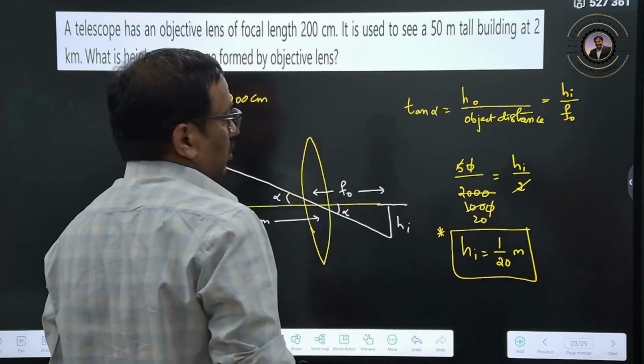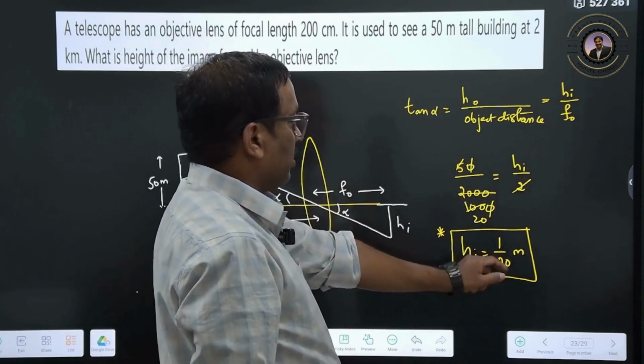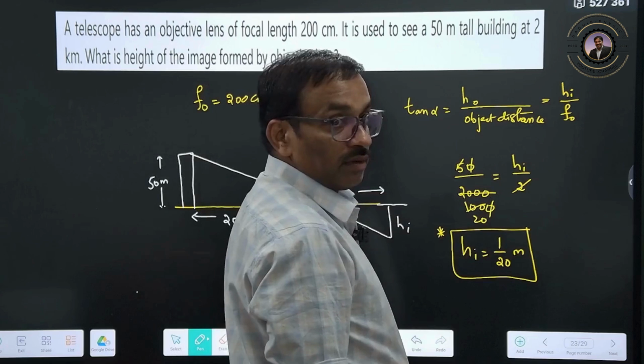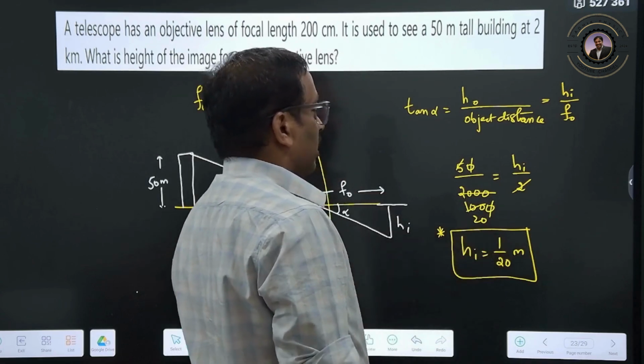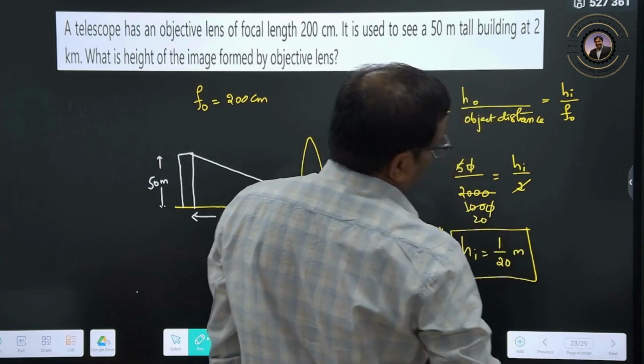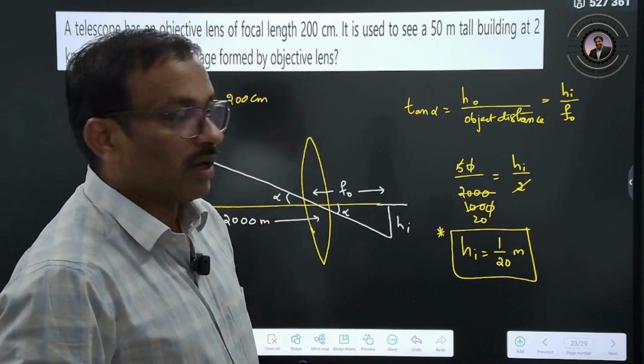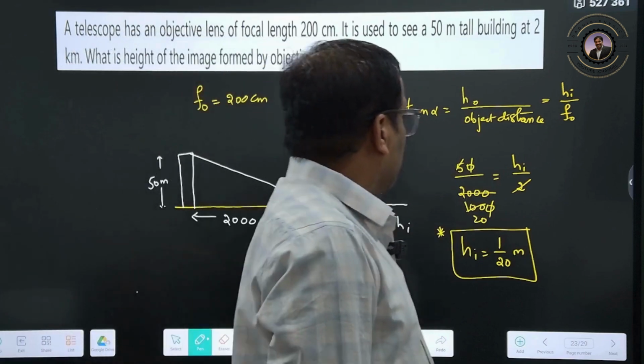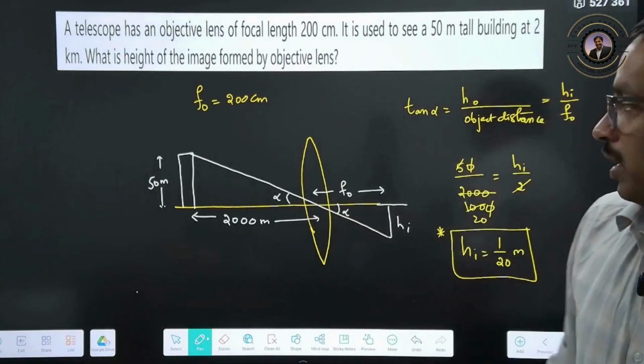In centimeters, multiply by 100, so 100 divided by 20, 5 centimeters will be your answer. Now let us go for one more question.